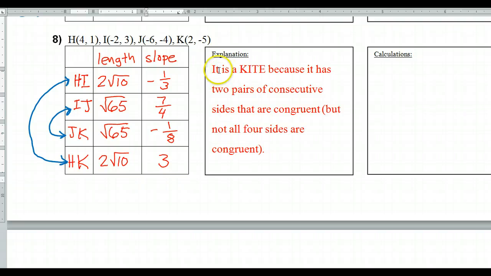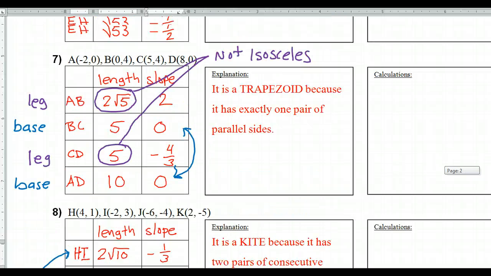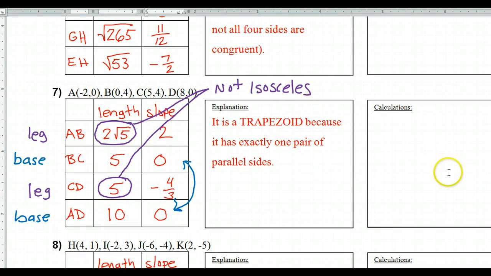But please make sure you give a thorough explanation using this pattern. Whatever you think it is, say it is a blank because, and then basically say the definition. Also, please do not forget, if there's something more specific on that flowchart, you have to explain why you did not go further with it.